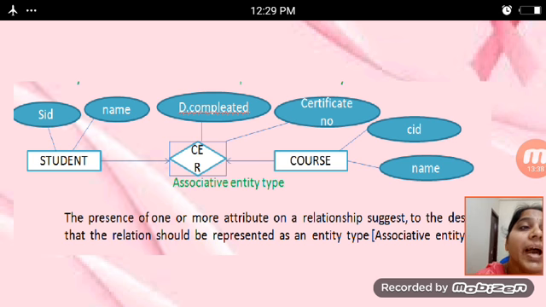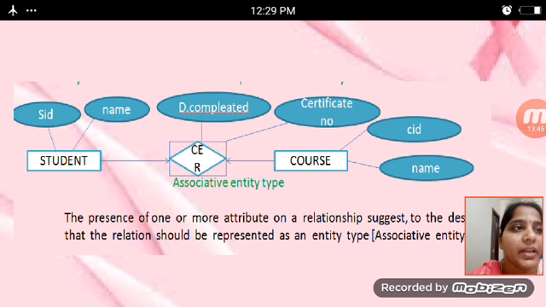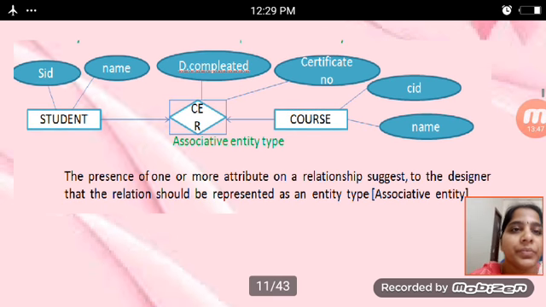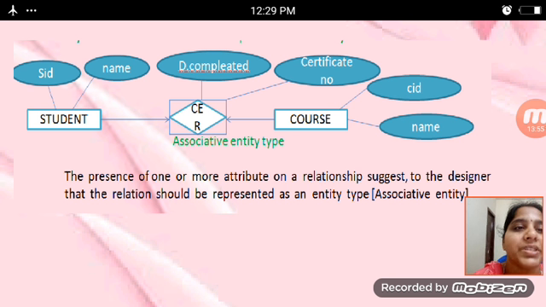Course has CID and name. The presence of one or more attributes on a relationship suggests to the designer that the relationship should be represented as an entity type. That's why I am telling this clearly.